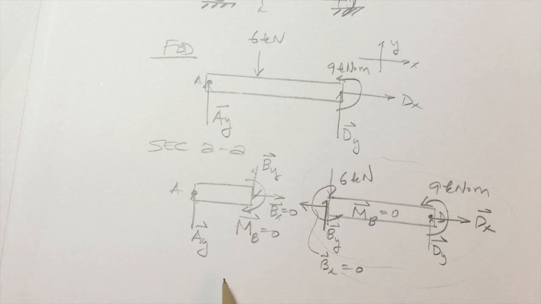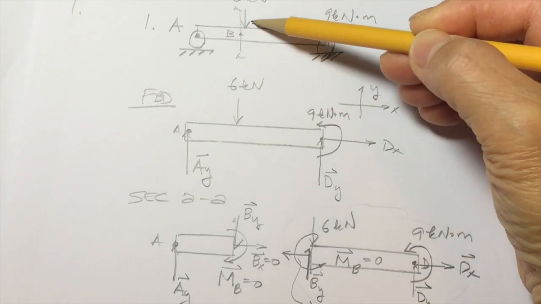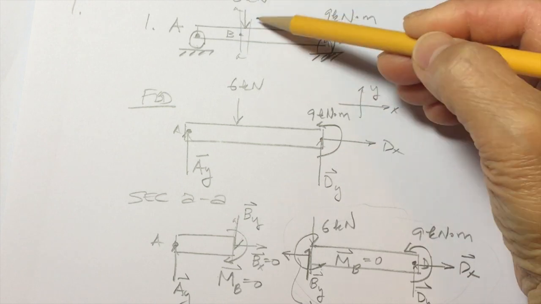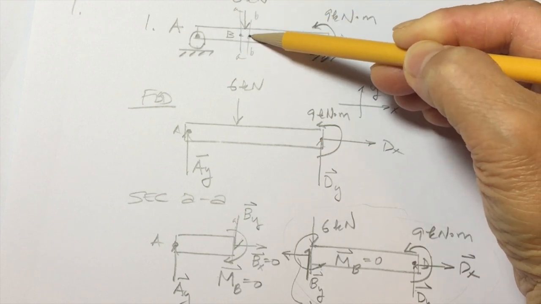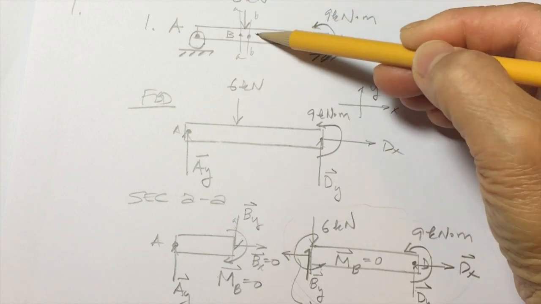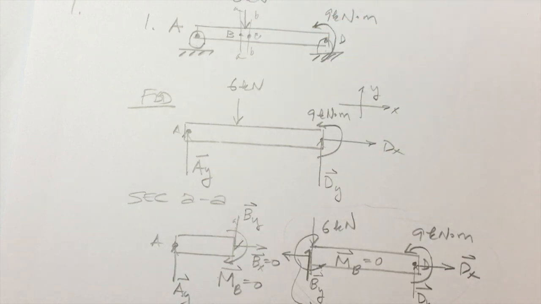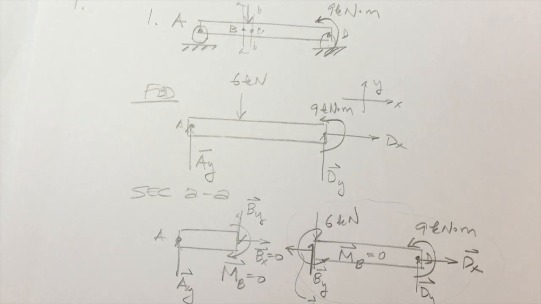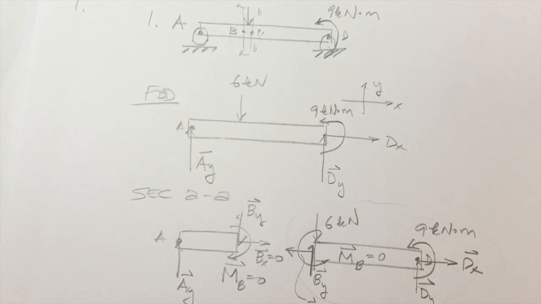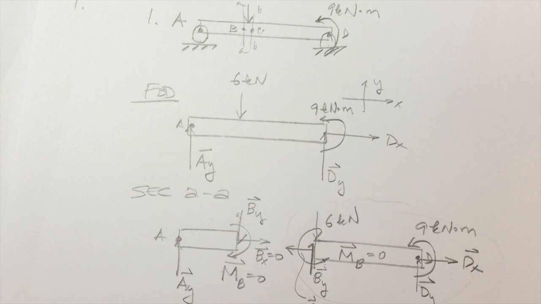I could also section it just to the right of the 6 kilonewton. Let's call that section B, and let's call this point C. So if I were to draw the free body diagram after it's been sectioned at C, I would get this.